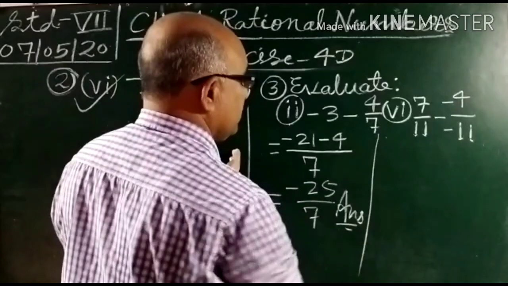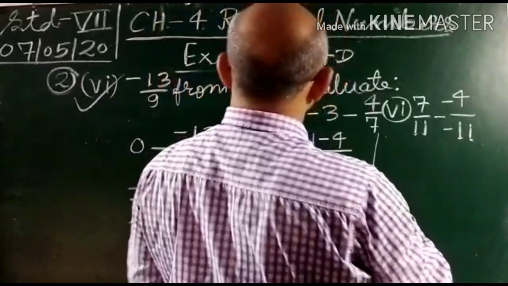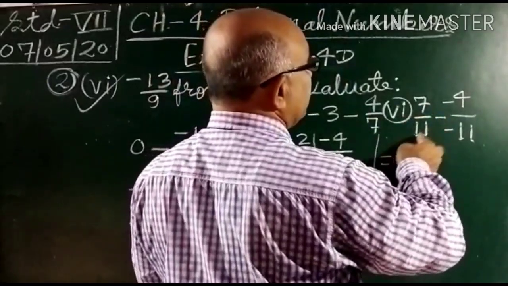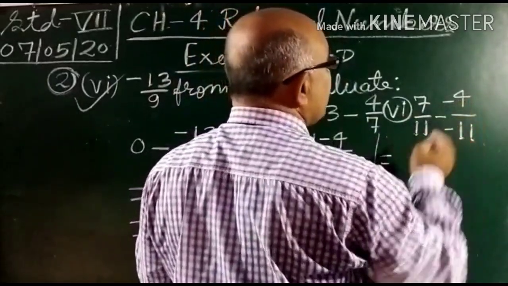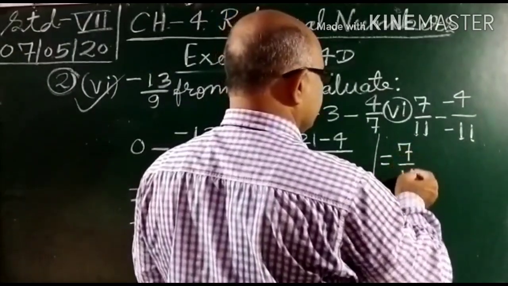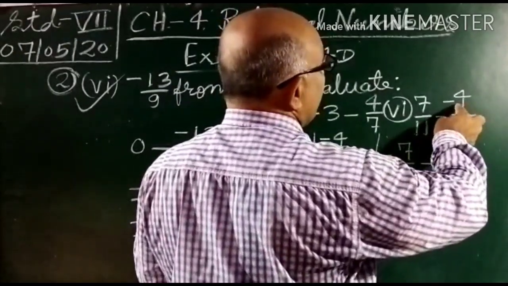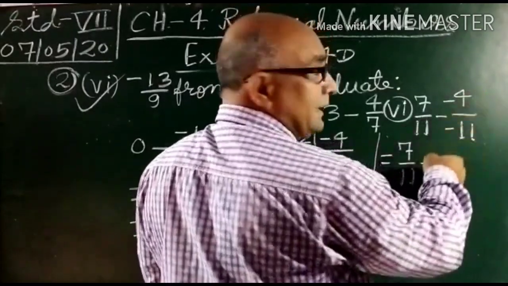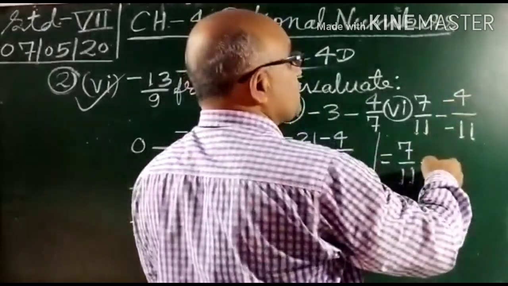Answer of this question. Now question number 6 of 3 is 7 by 11 minus 4 by 11. So 7 by 11 minus 4 by minus 11. Multiply numerator and denominator by minus 1.